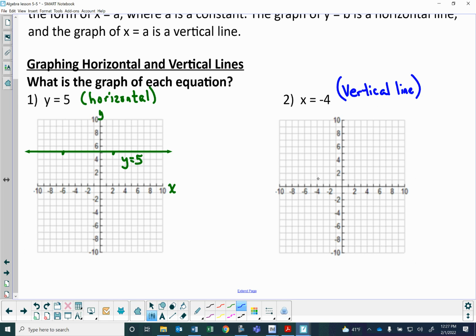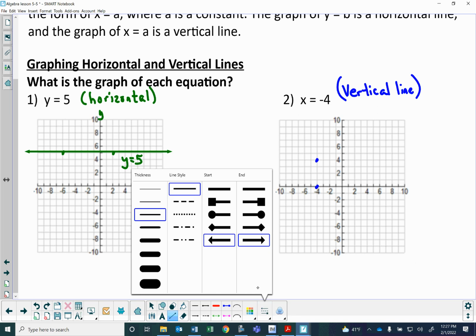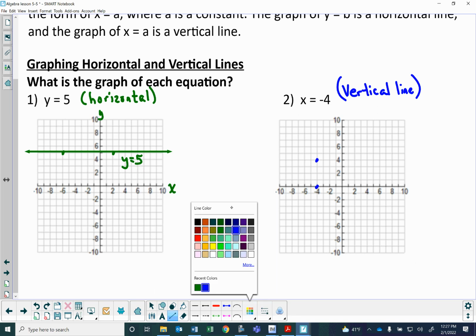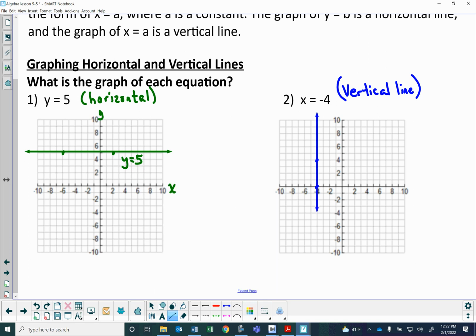So if y is 0, x is still -4. If y is 4, x is still -4. Which means this is a vertical line. So we're going to draw a vertical line at -4. And of course, we're going to label our x-axis and our y-axis, and we're going to label our equation, x equals -4.